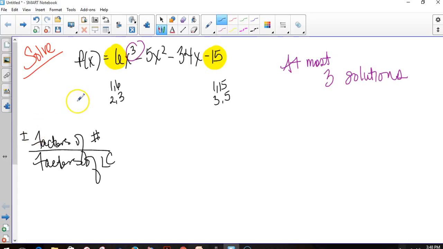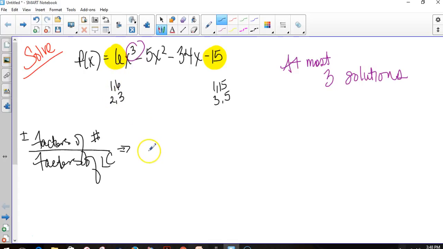It is not uncommon to get a very long list. So this list would be, I'm going to take the 1 from the 15 at the constant, and divide that by every factor from 6.